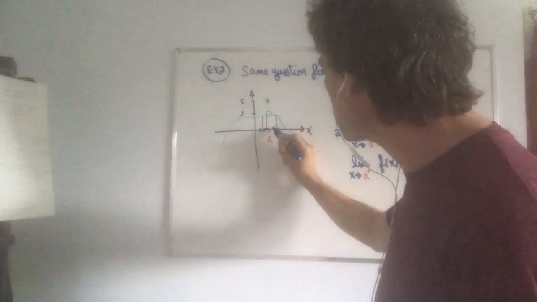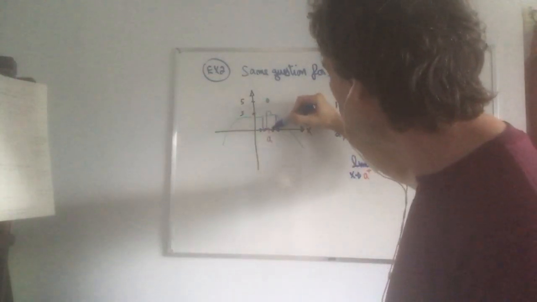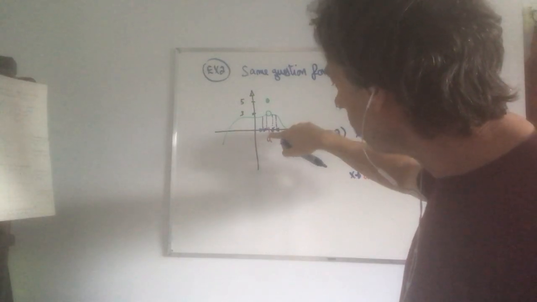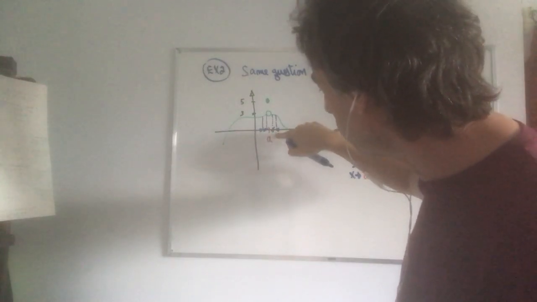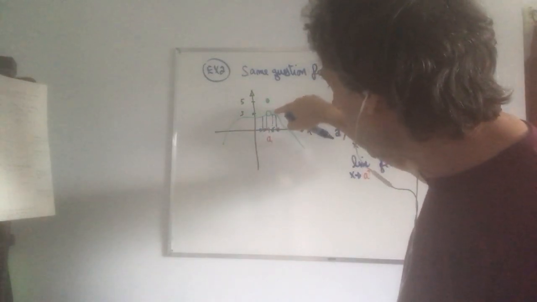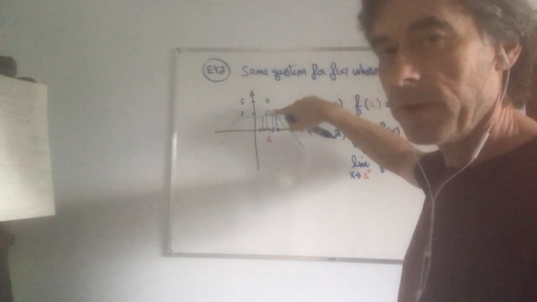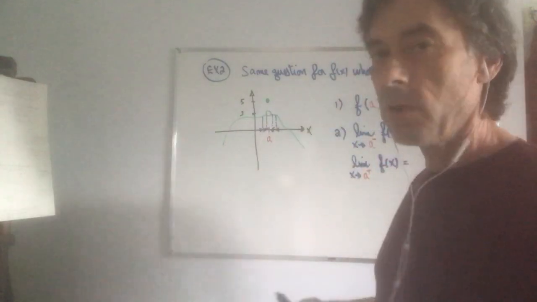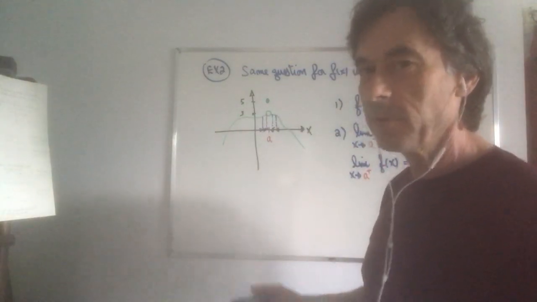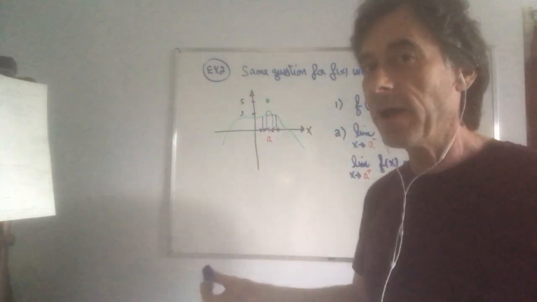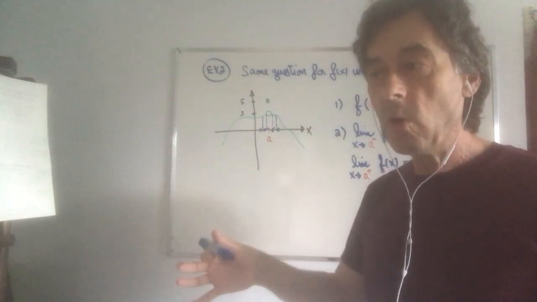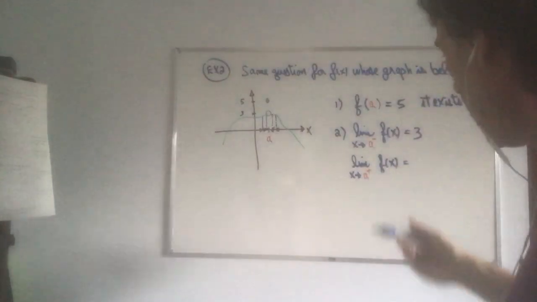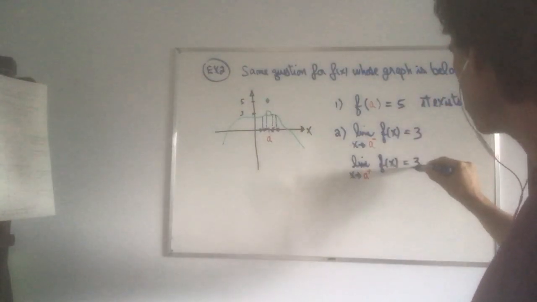Let me get a little closer. I am here. Where's the graph? As I move closer and closer to a from right to left, these y values are getting closer and closer to what y value from the graph? To 3. Once again, open or closed, I don't care, because I don't want to find what f of a is. I want to know the limit, which means the y value that I am getting close to. And I am getting close to 3.